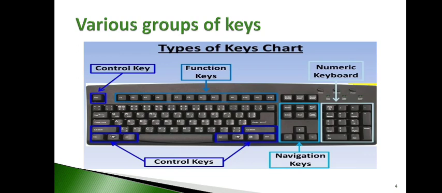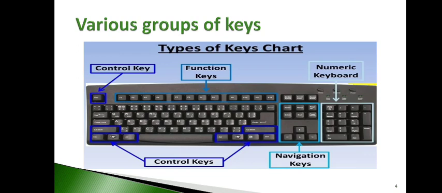Then next is various groups of keys. Now students, in this picture I have shown you a keyboard, and there are so many different groups on the keyboard. This is a standard keyboard. There are control keys, navigation keys, numeric keys, and function keys.